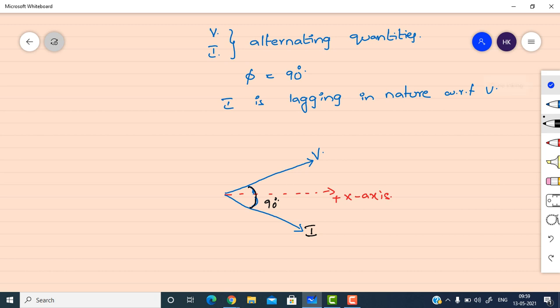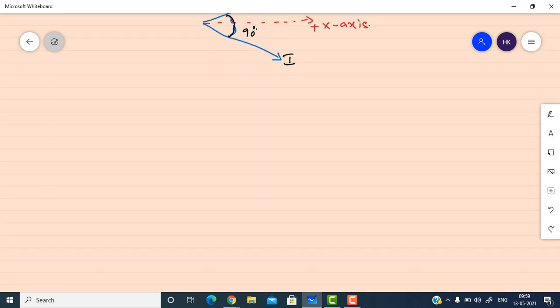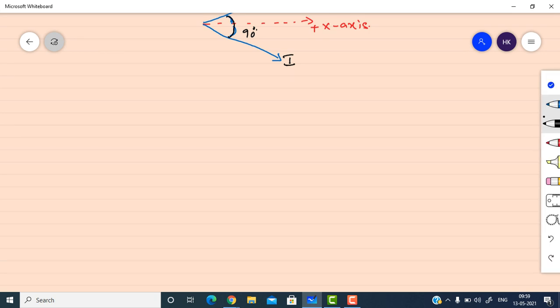And this I can also draw in another way. I won't take the x-axis as reference. I will take voltage as the reference phasor. This is the voltage phasor, Vm.